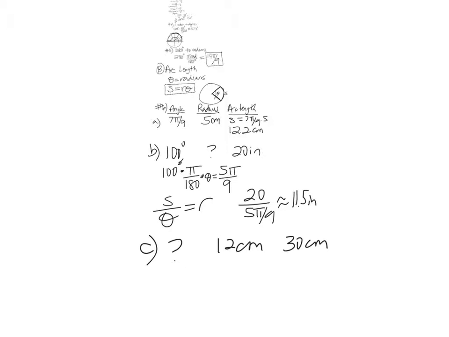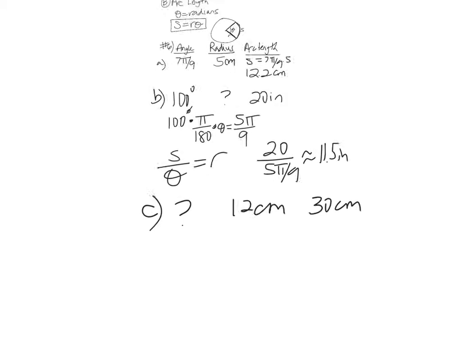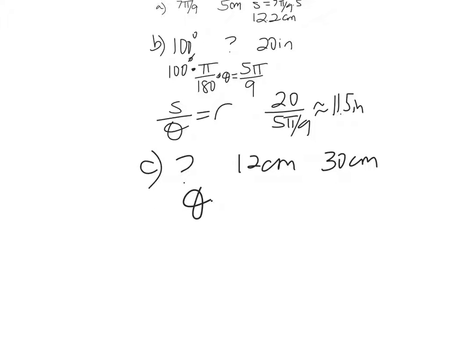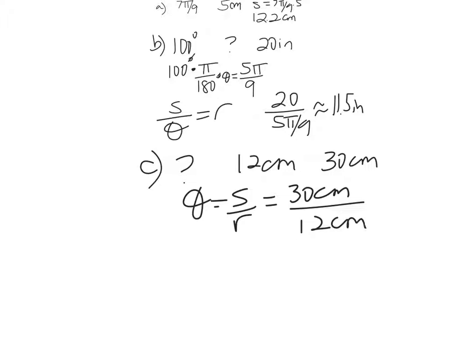So theta is equal to S over R. So theta is going to be the arc length divided by the radius. And you can put that in decimals too. So that would be 2.5 radians. That is not in terms of pi.